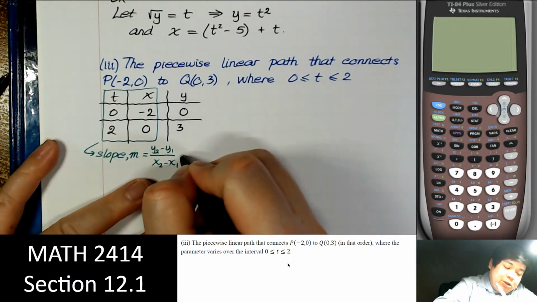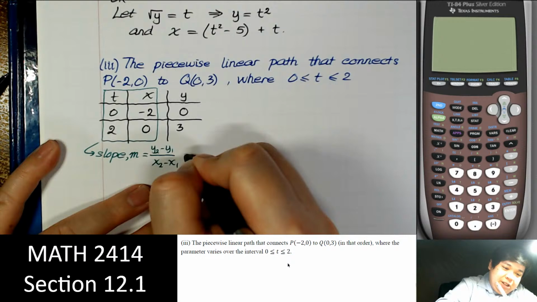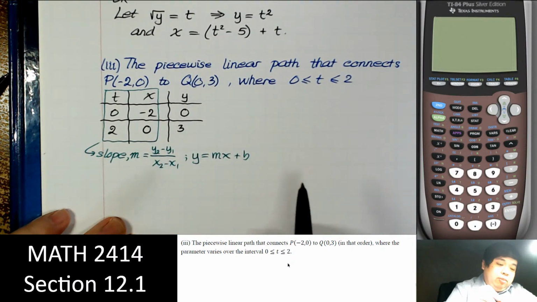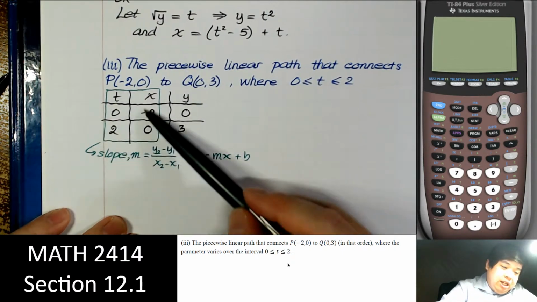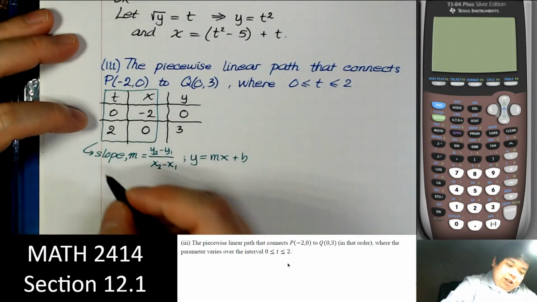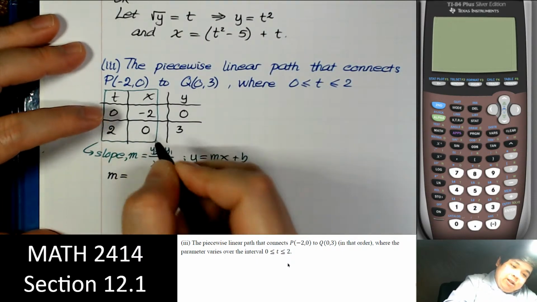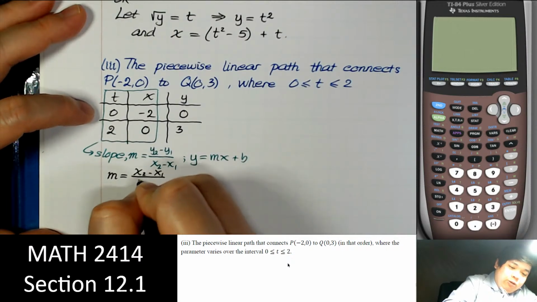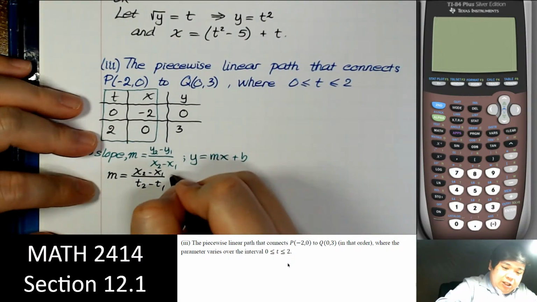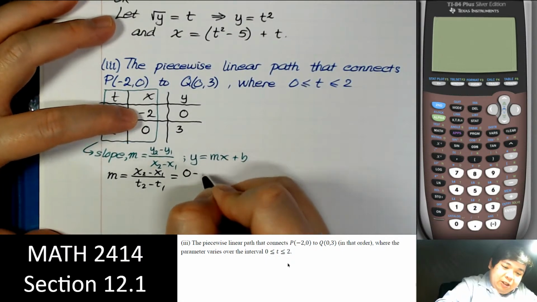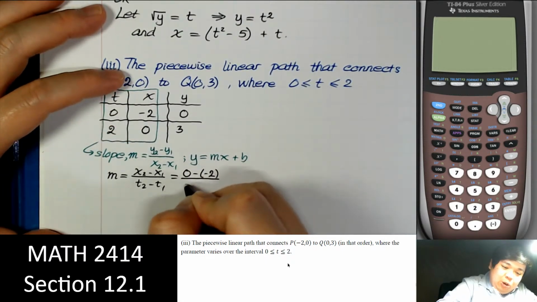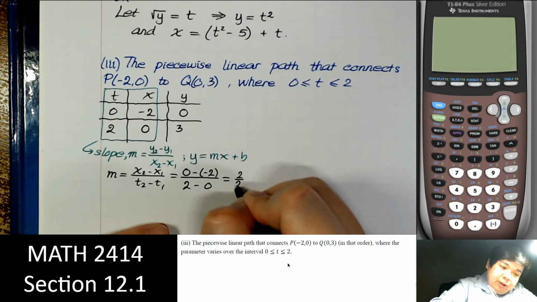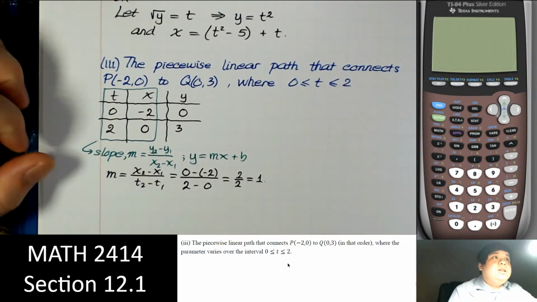And y equal to mx plus b is the equation of a line. But for now we use t and x. So the slope is x2 minus x1 over t2 minus t1. So it's 1.